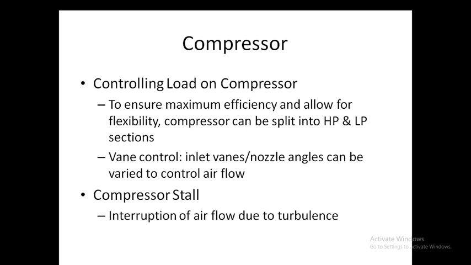Then the compressor controls the load on it to ensure maximum efficiency and allows for flexibility, and the compressor can be split into a high pressure compressor and a low pressure compressor section. Okay. Then in vent control, inlet vanes and nozzle angles can be varied to control air flow. Okay.